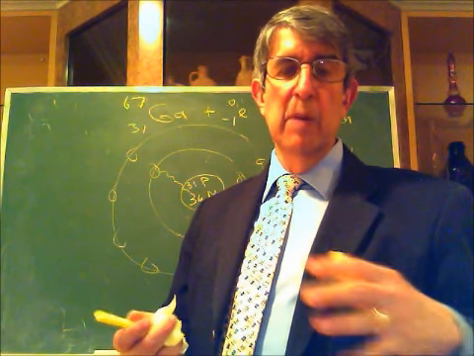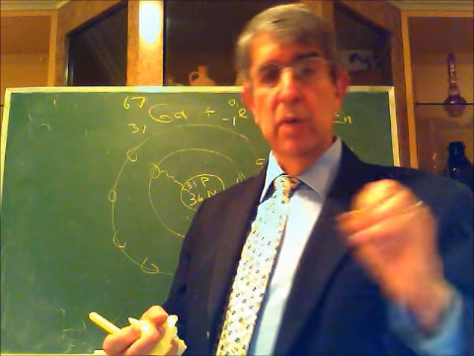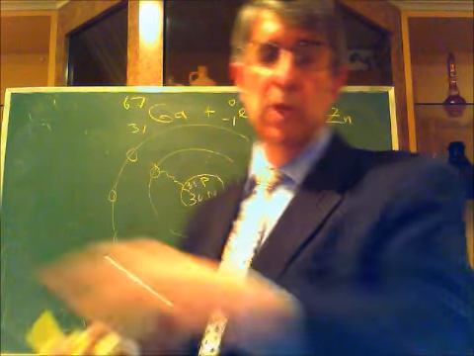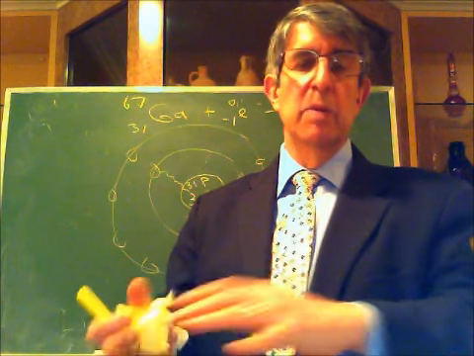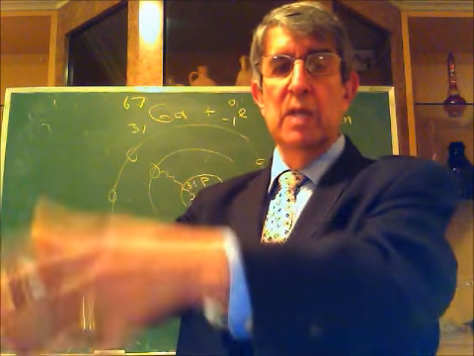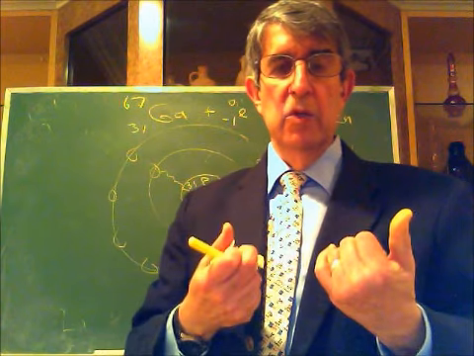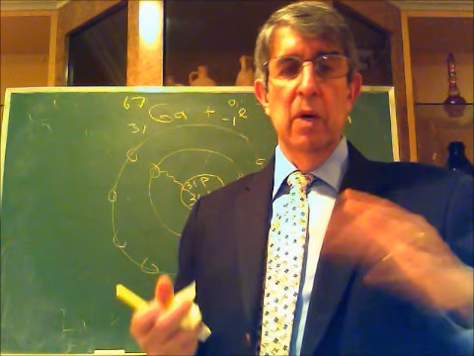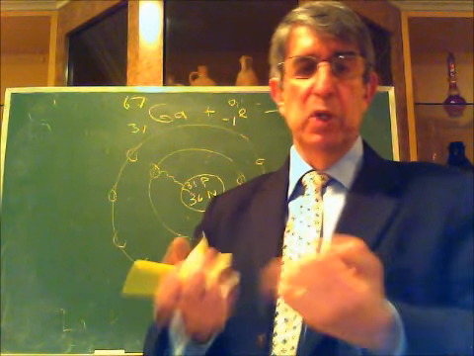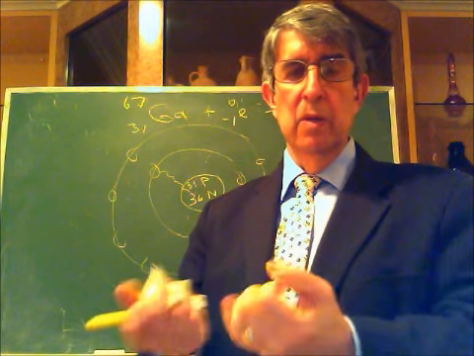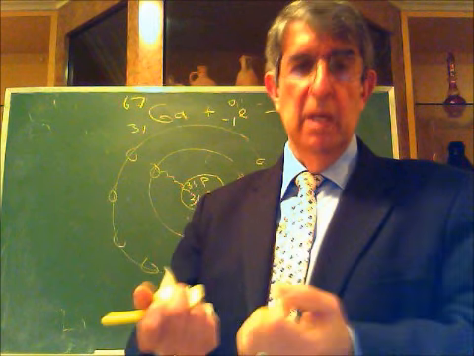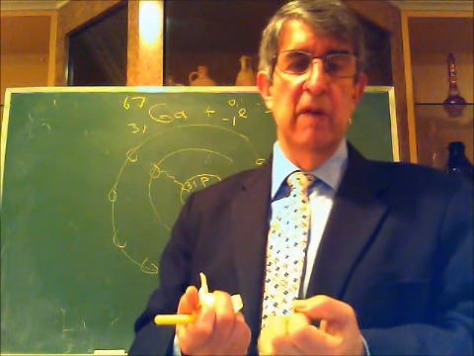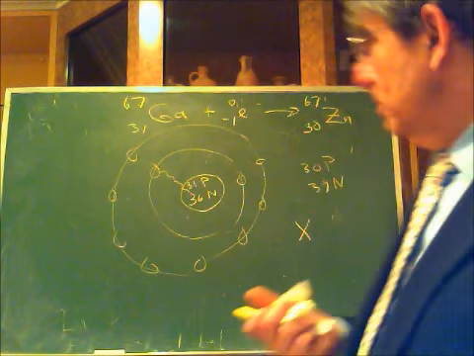If you know anything about momentum, you realize that when you lose a piece of mass like that, it's kind of like you're throwing something out. There has to be some energy on the other side, so the nucleus is going to move a little bit, and that's going to set up a series of vibrations, very, very rapid vibrations.